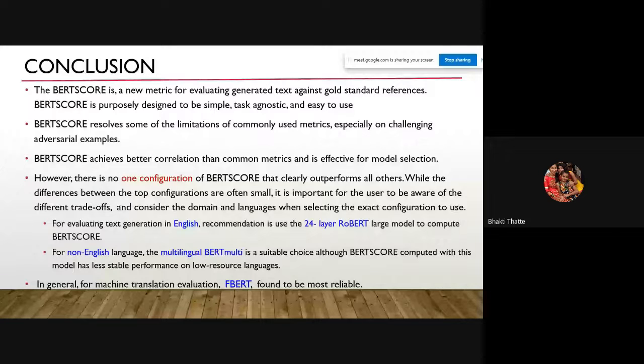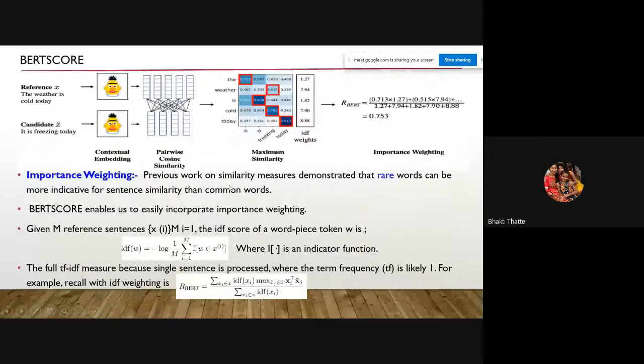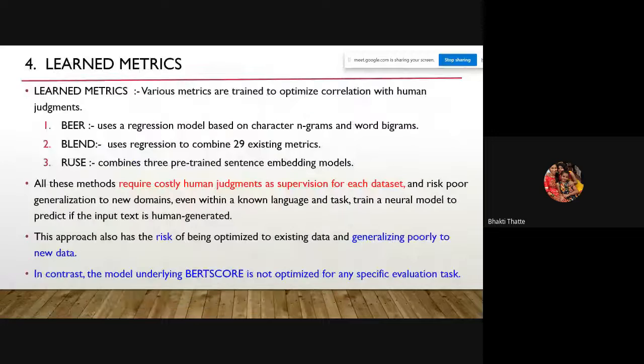For example, whatever BERT family we have seen, we cannot say that a particular BERT model will work for all downstream tasks. For example, the variations of BERT score which I have shown here. So let me go back and explain this point.